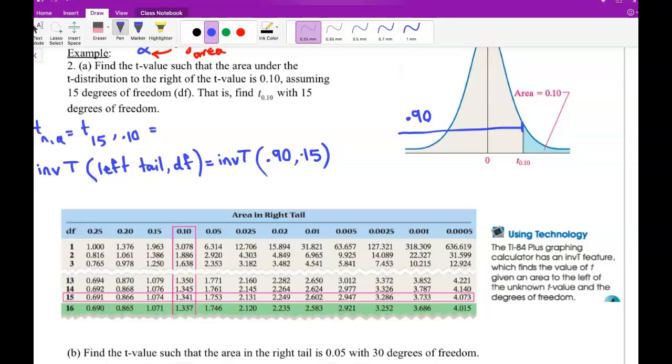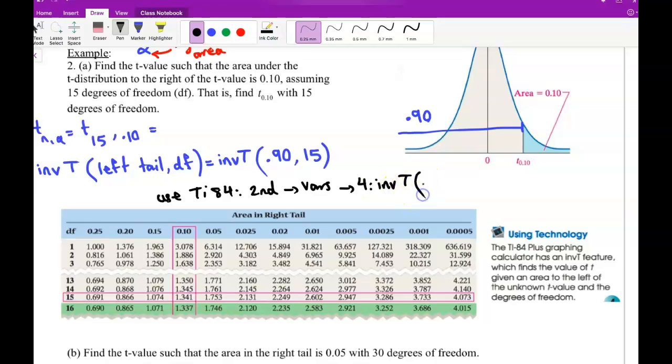Okay, so let's use a calculator. Using the TI-84, you need to press second, then vars, then choose number 4, inverse t, and then enter data.